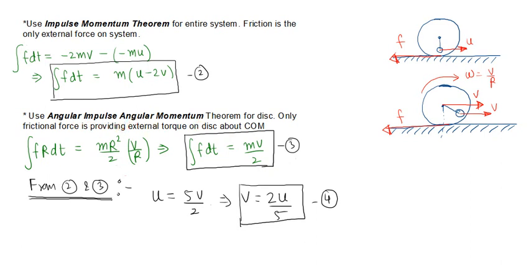So I have equation 2 and equation 3. I can eliminate integration F dt from the second and third equations. This will give me u equal to 5v by 2, which means that v is equal to 2u by 5. This is my fourth equation.